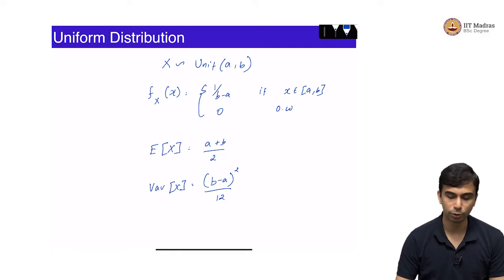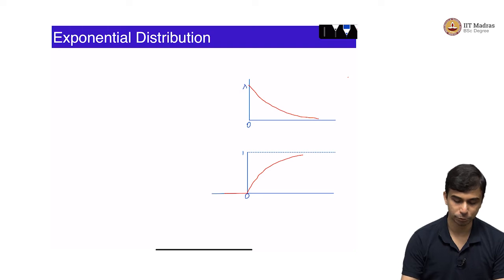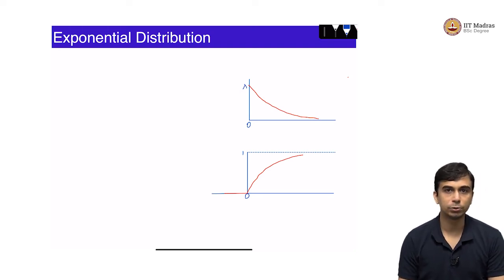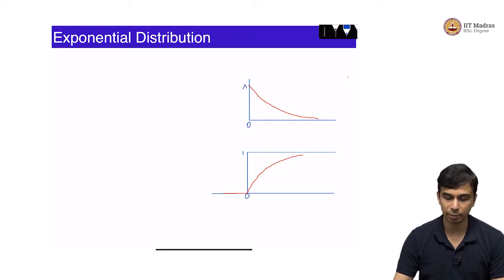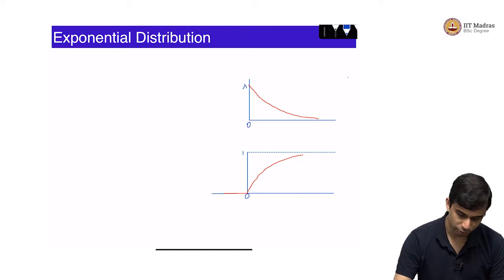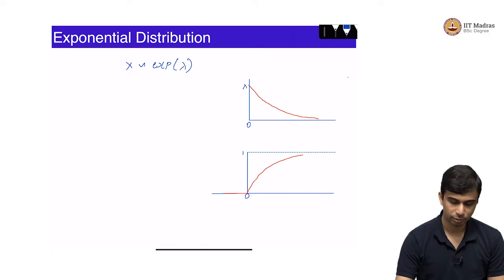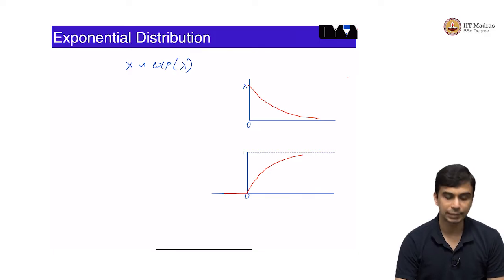We will move on to the next distribution, which is called the exponential distribution. The exponential distribution is extremely analogous to the geometric distribution that we saw for the case of discrete random variables. We will first give the notation for that. So we will say X is distributed as exponential with parameter lambda. If that is the case, what is the density function?